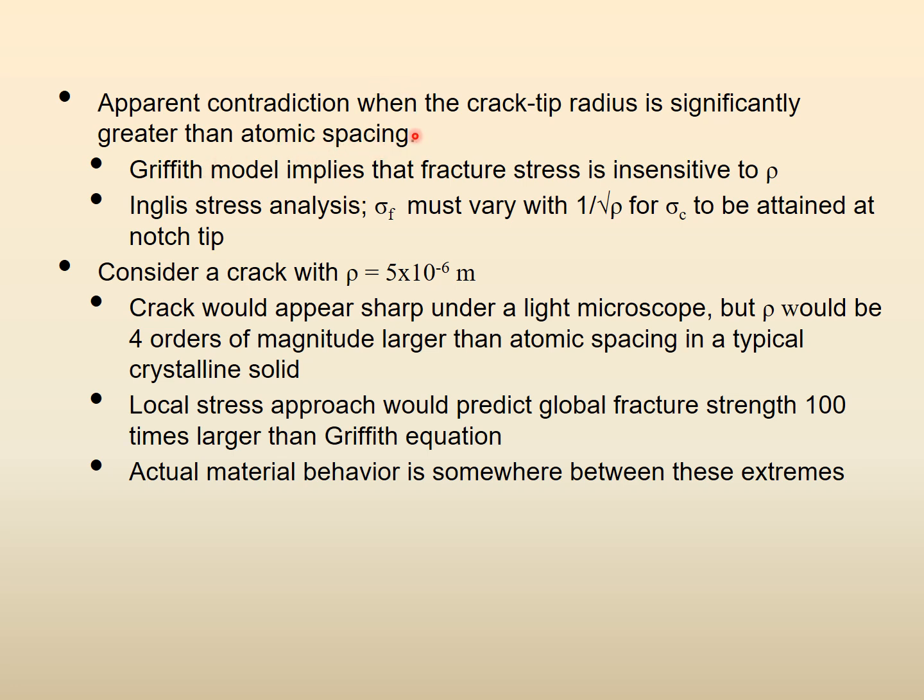The Griffith model implies that fracture stress is insensitive to rho, because in the equation we do not have rho. In the Inglis stress analysis, sigma f must vary with 1 upon root of rho. So these two are the problem. In the Inglis approach, the critical stress is a function of the radius of curvature, and in the Griffith approach it is independent of that. So this is a major difference.